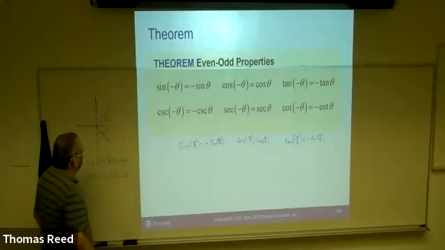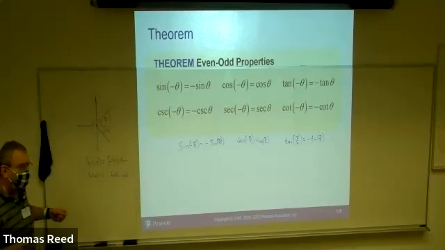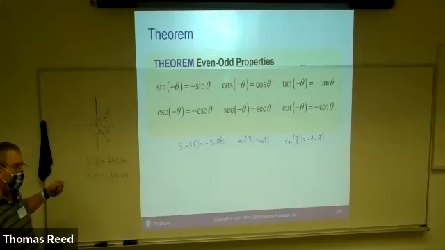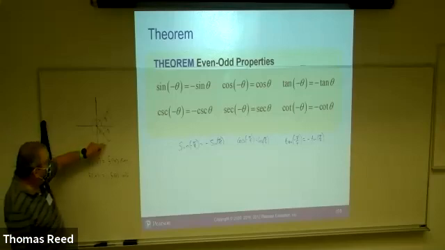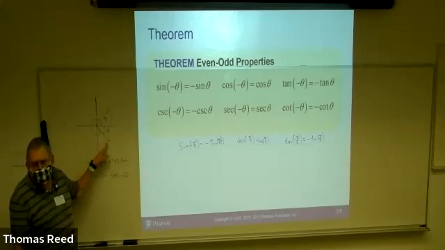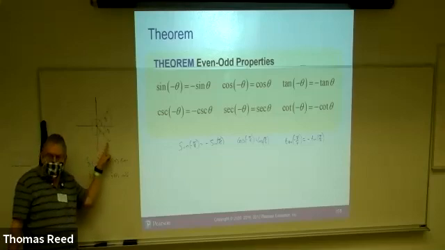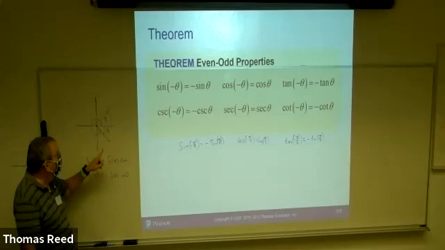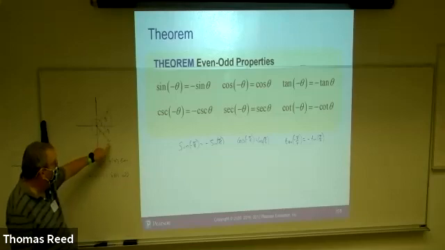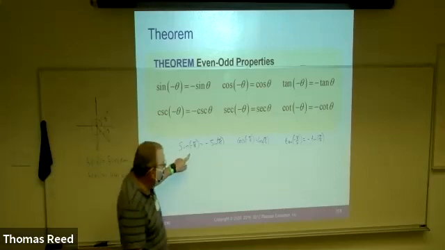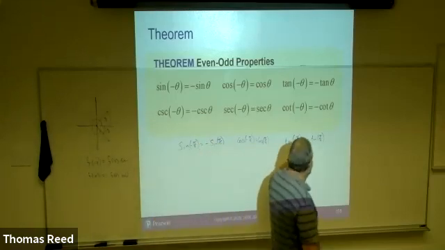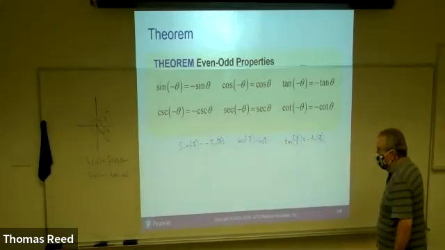So they're going to have the same values, except we need to take into consideration which quadrant we wind up in. Okay, so we wind up in the 4th quadrant here, and sine is negative there, cosine is positive, and tangent is negative there.